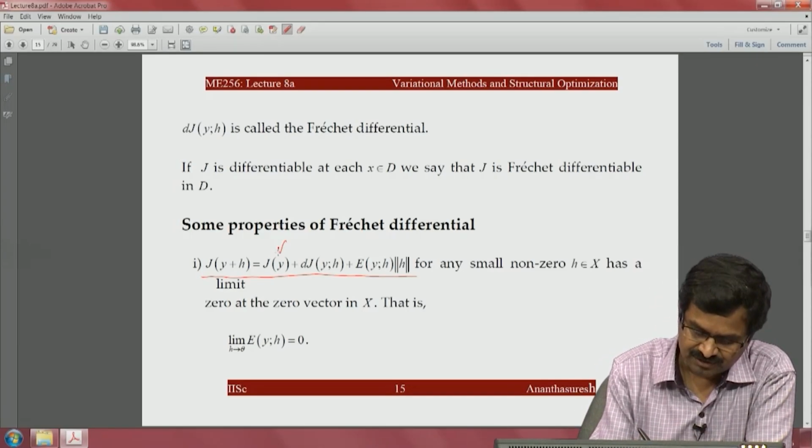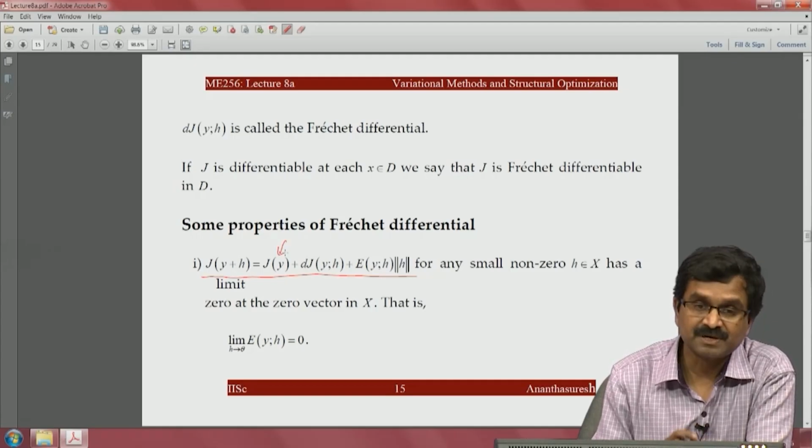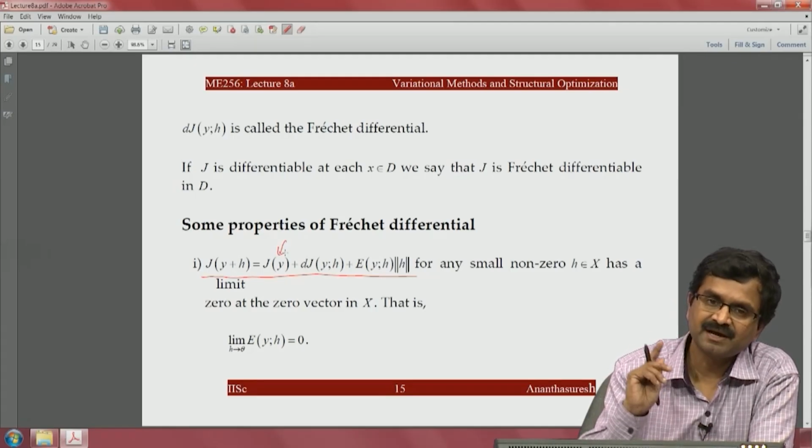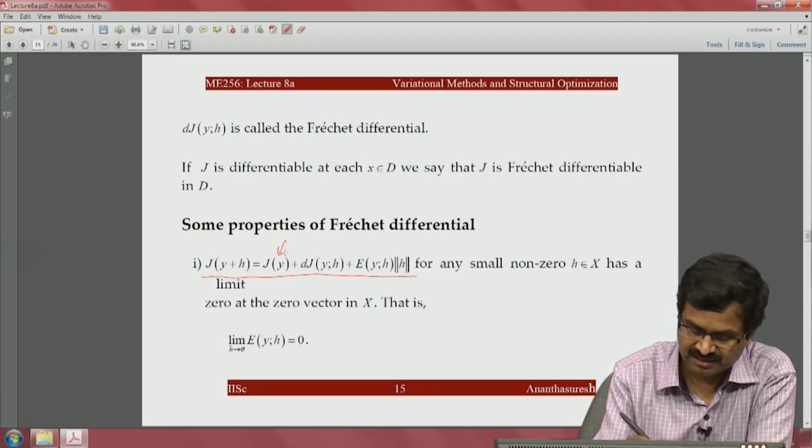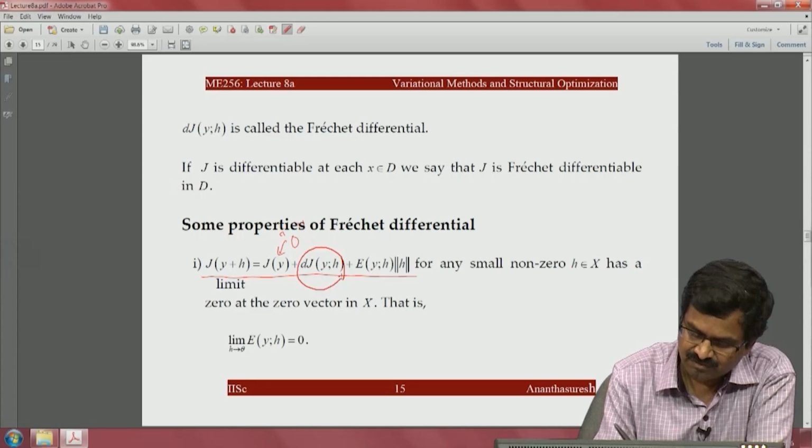So, this has some interesting properties. If you look at this, this is a 0th order term, J(y + h), that is, I have a y and I am adding another function h, then there is a perturbation in the functional value J. Then we have this, which is the first order term, and then there are higher order or error terms.